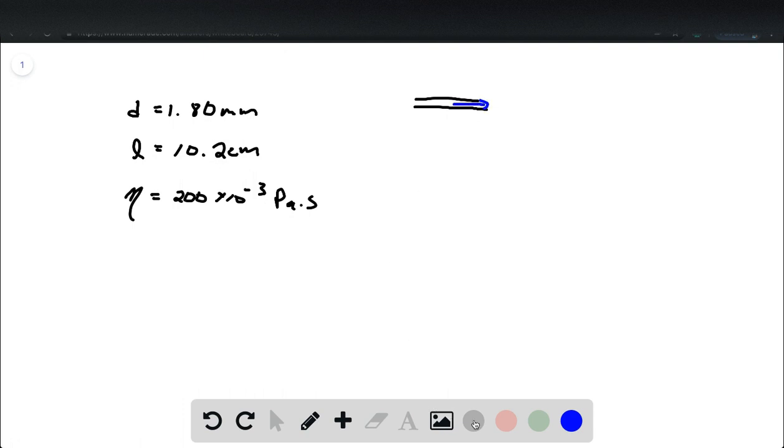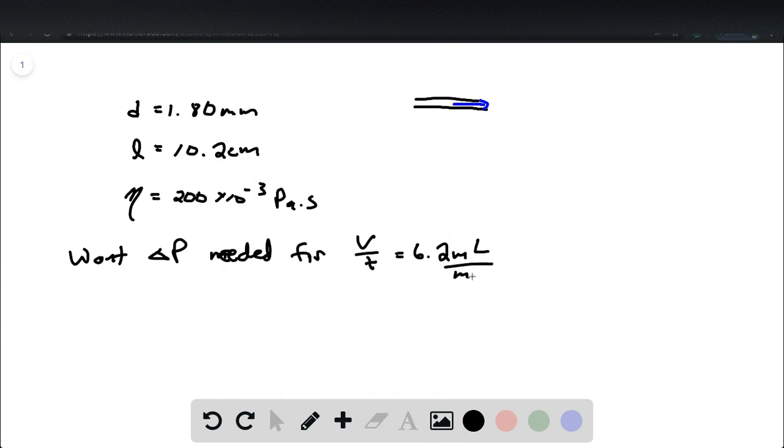And what we want to find is the pressure difference, which we'll call delta P, in this tube needed to maintain a flow rate, like a volume per time, of 6.2 milliliters per minute.